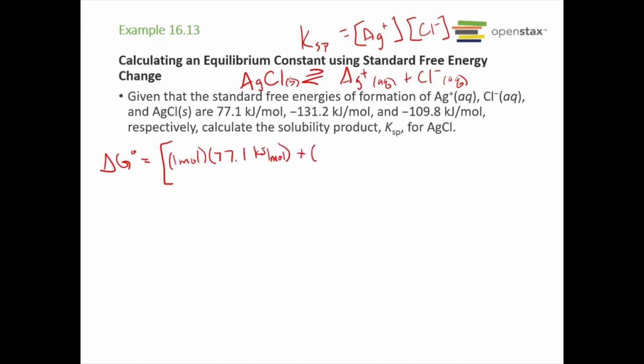Plus our other product, we have 1 mole of chloride times its standard delta G, negative 131.2 kilojoules per mole.